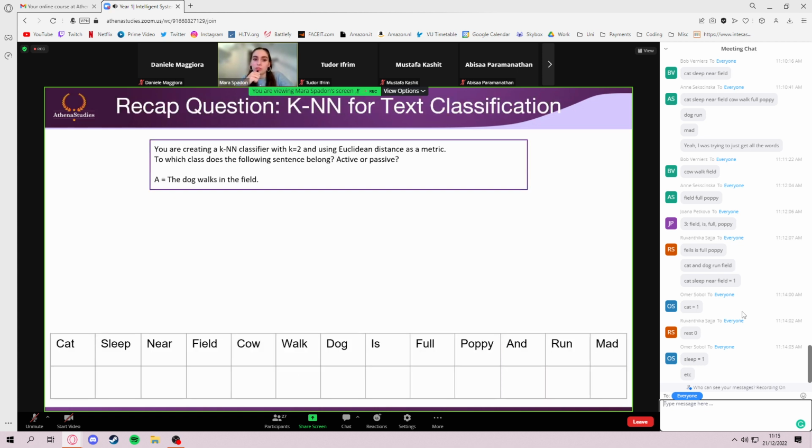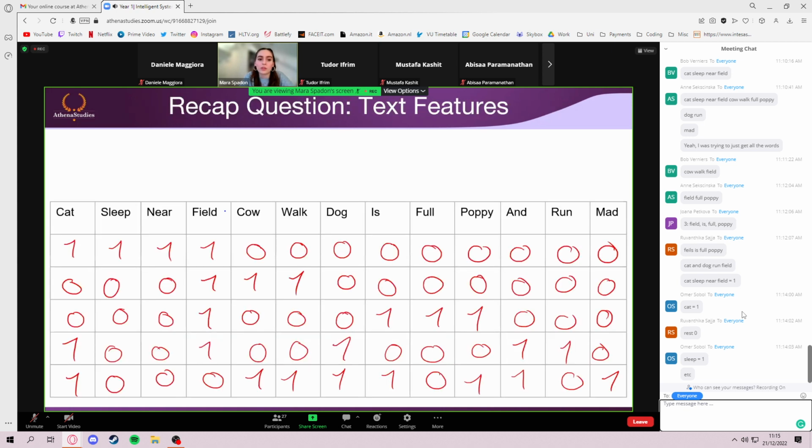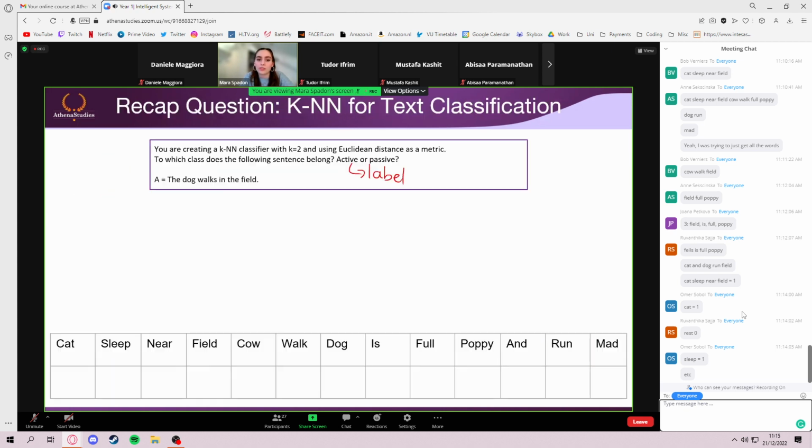So now the second question is you're creating a k nearest neighbor classifier with k is equal to 2 and with the Euclidean distance as a metric. To which class does the following sentence belong, active or like the label, I guess, what would it be, active or passive? So we have the dog walks in the field. So remember our first step here was to apply the pre-processing steps.